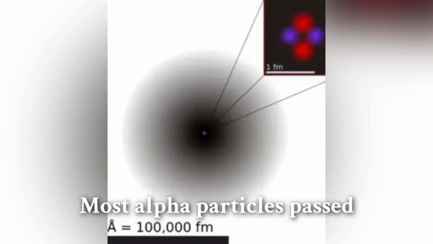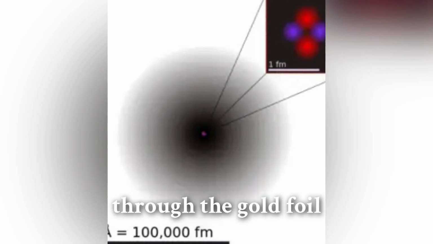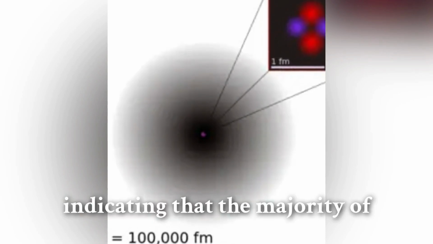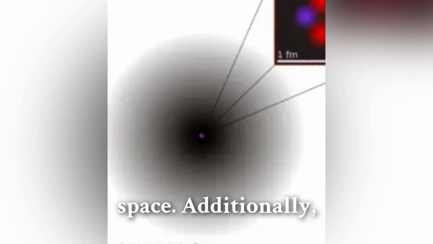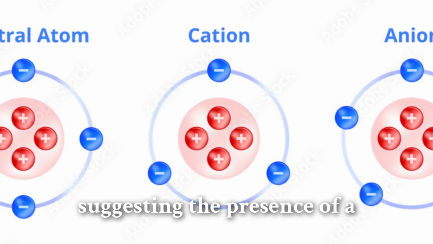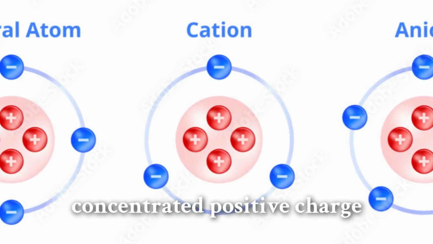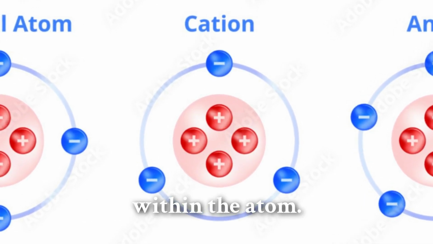Most alpha particles passed through the gold foil undeflected, indicating that the majority of the atom is composed of empty space. Additionally, a small fraction of the alpha particles were deflected at small angles, suggesting the presence of a concentrated positive charge within the atom.